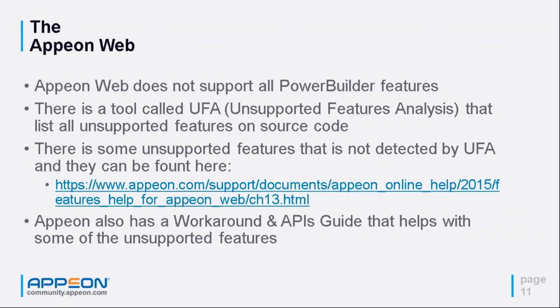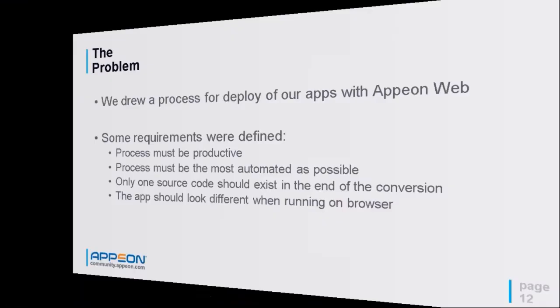To solve that problem, Appeon has a guide that helps you fix unsupported features, and a library with workarounds for some of these problems. All the documentation is very rich, so we can rely on that.